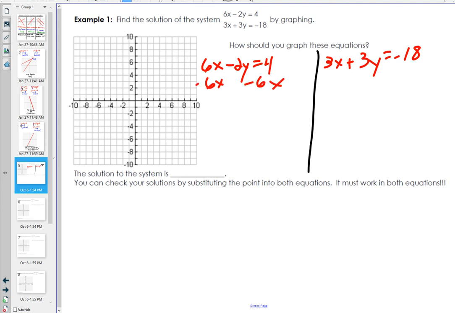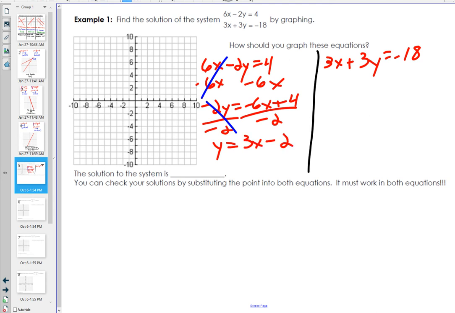So minus 6x, minus 6x, -2y is equal to -6x plus 12, divided by -2, y equals 3x minus 2. Slope is 3 over 1, y-intercept is 0, -2.